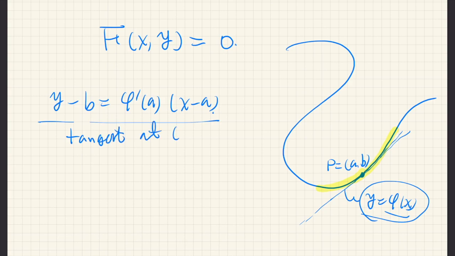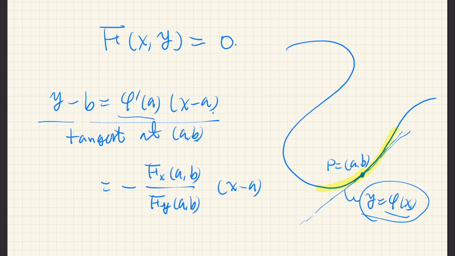So this is the equation for the tangent at (a, b). But from the implicit function theorem, this phi prime is equal to negative f_x(a, b) divided by f_y(a, b).